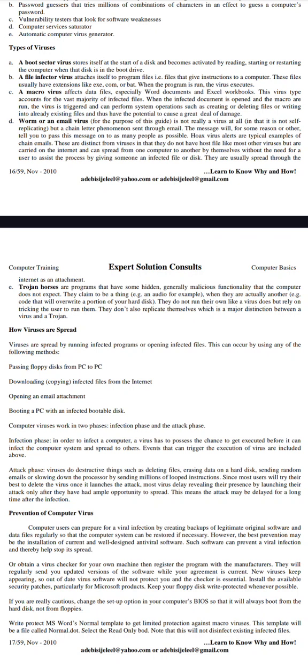Obtain a virus checker for your own machine, then register the program with the manufacturers. They will regularly send you updated versions of the software while your agreement is current. New viruses keep appearing, so out of date virus software will not protect you, and the checker is essential.